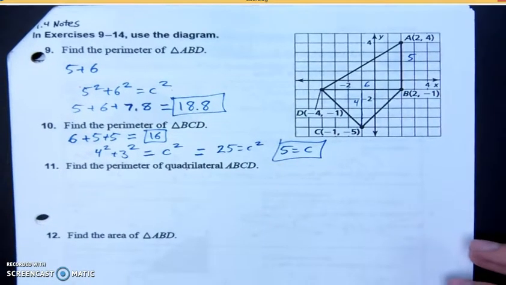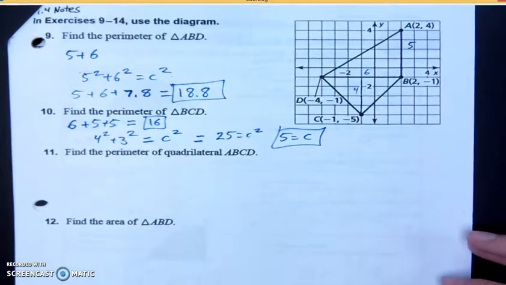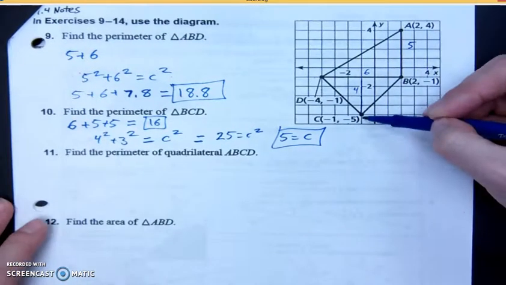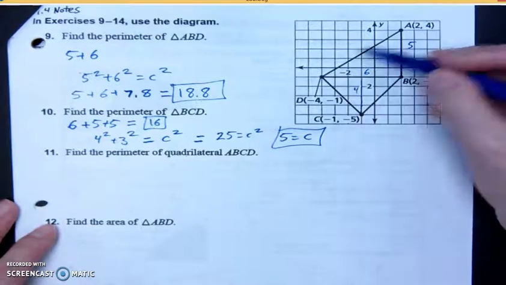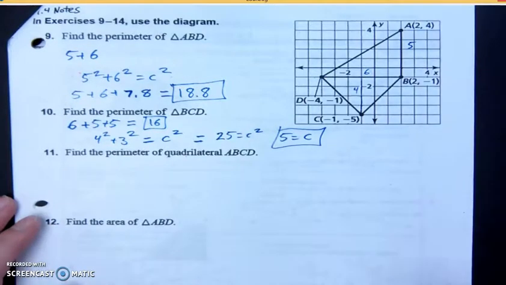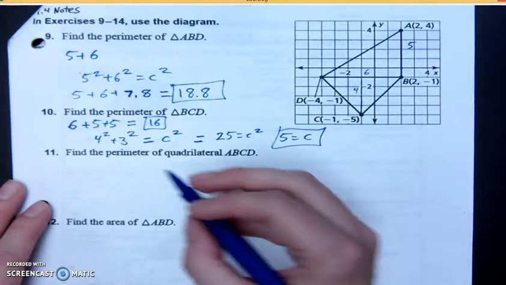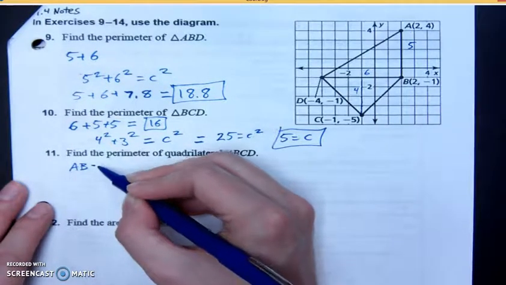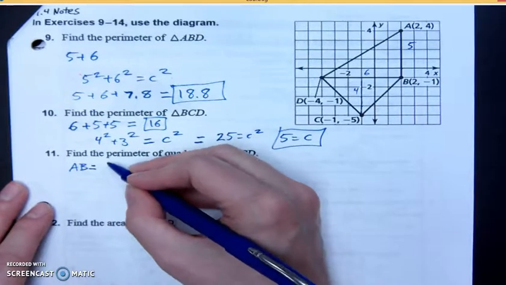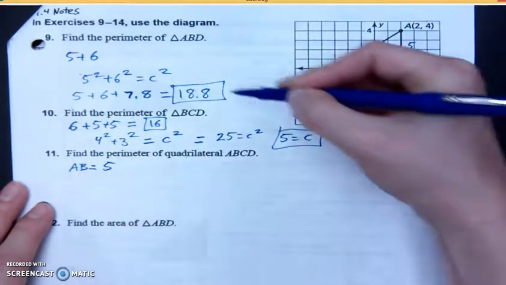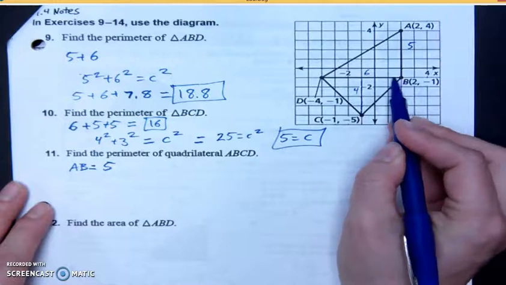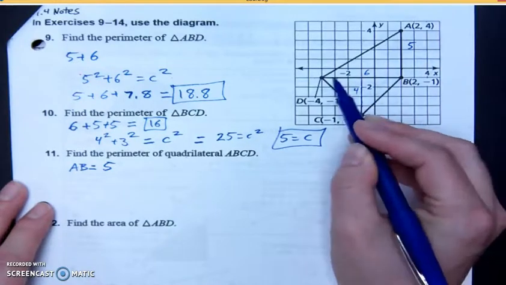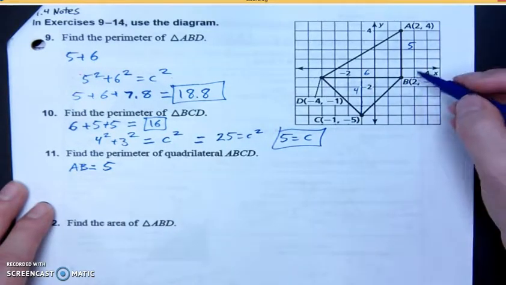All right. So now we're going to find the perimeter of the whole quadrilateral. So A, B, C, D. So just the outside ones. So what does AB measure? We already have found it. So that's 5. We can't add those straight because those both include this line in the middle, which isn't going to be in it. So this is 5.